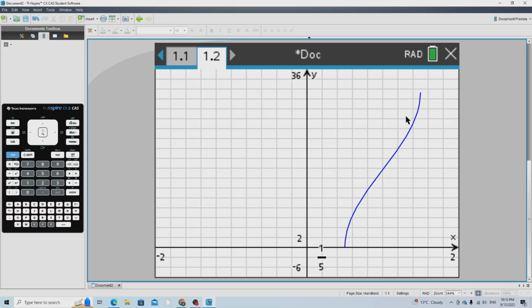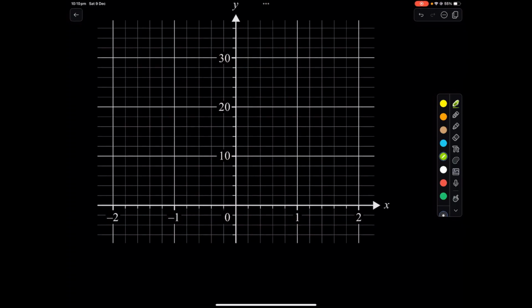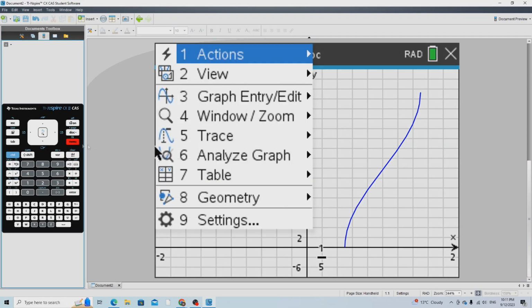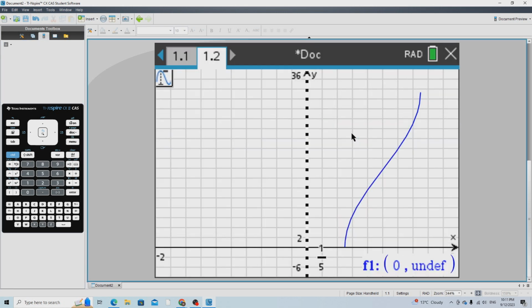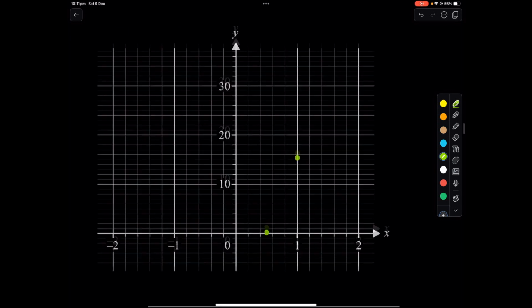So you can see that one of the points is going to be in here. I'm just going to go to Trace and trace it first. At 1 we get 15.7, so 2, 4, 6, 15.7, it's around here. We can say that's a point.